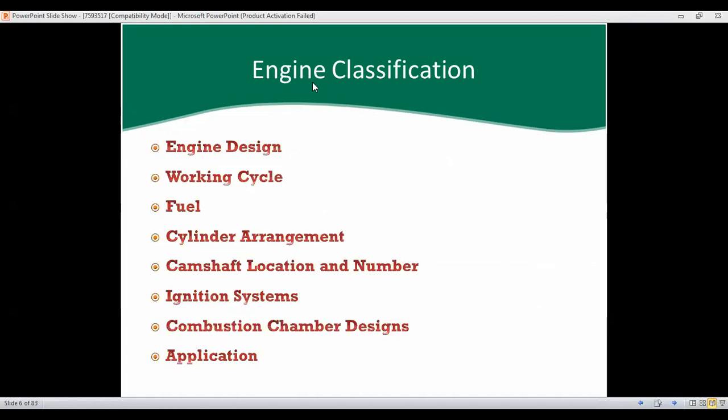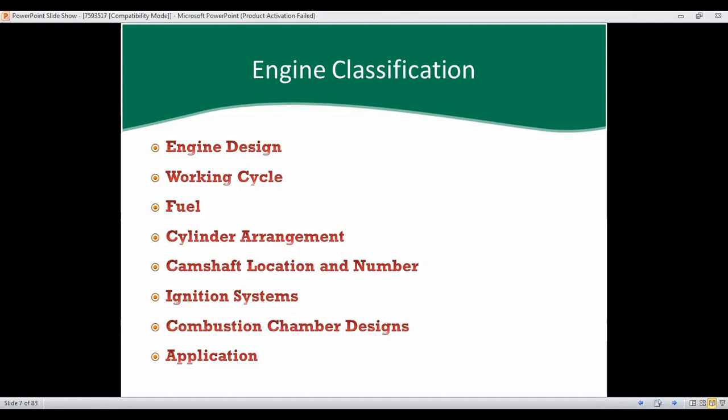Now, engine classification, how we can classify the engine. Engine design, working cycle, fuel, cylinder arrangement, camshaft location and number, ignition system, combustion chamber design and application. So these are the categories by which we can classify engines.